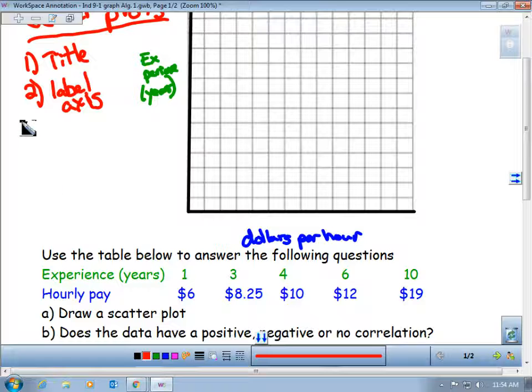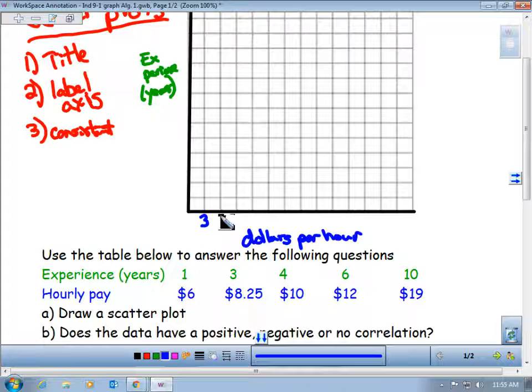And then to me, the third important thing, number 3 on my list, is to be consistent. So when we're talking about money here, okay, we go from $6 to $19. So don't go 6, 8, 25, 10, 12. No. Whatever these lines are, make them a consistent distance between the two. Let's make this $3. So for everyone, it's 3.